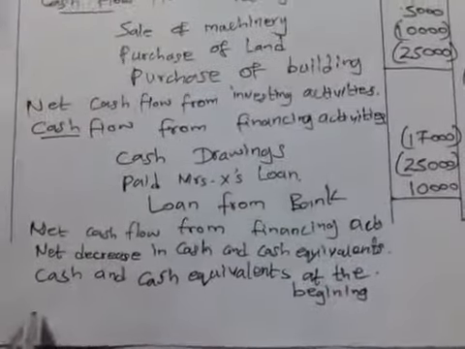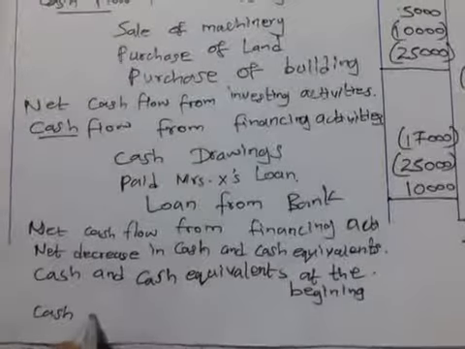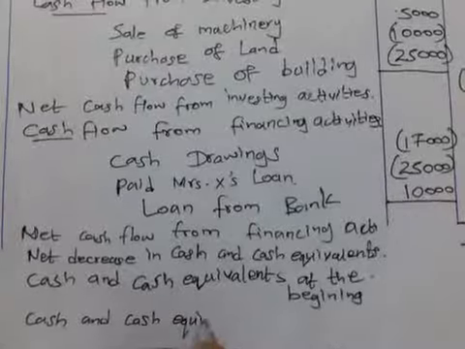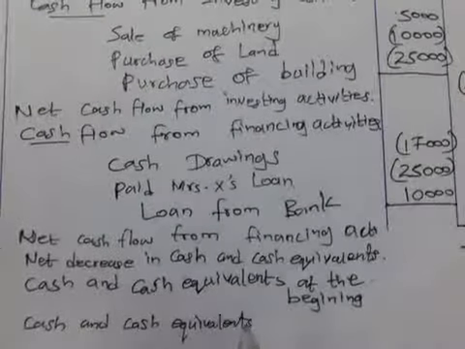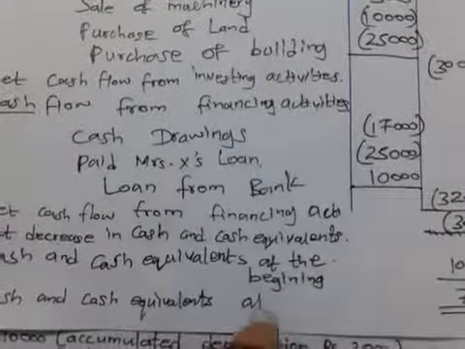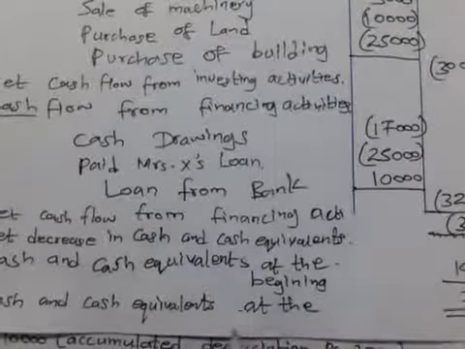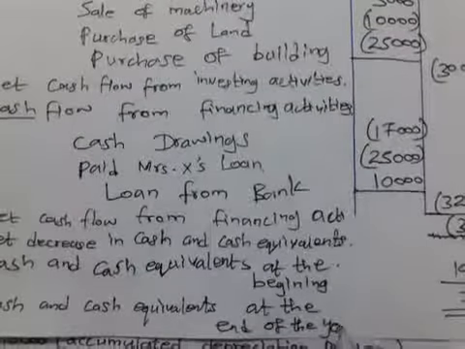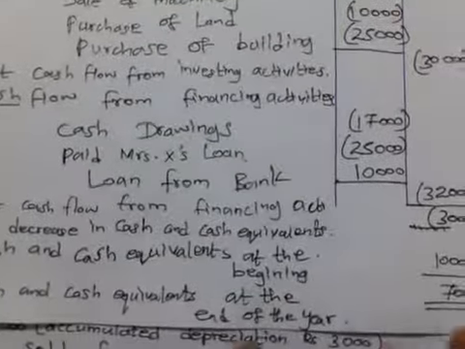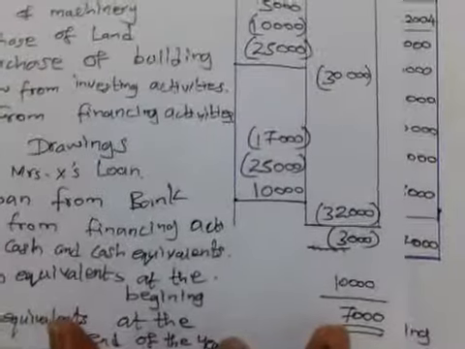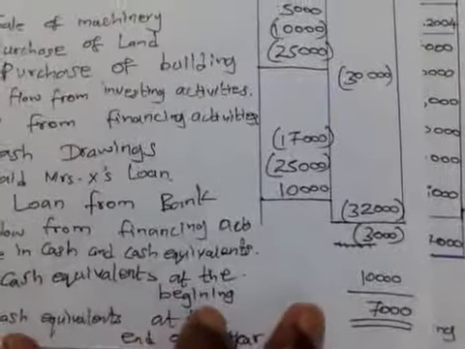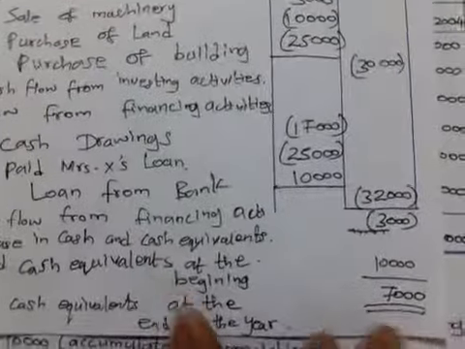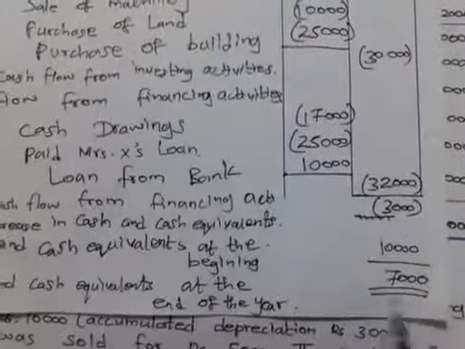This is the cash and cash equivalents at the end of the year, $7,000.